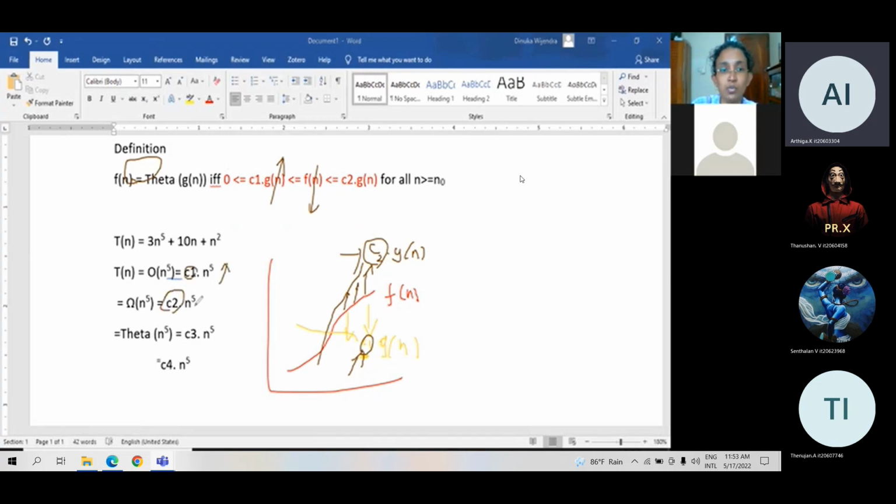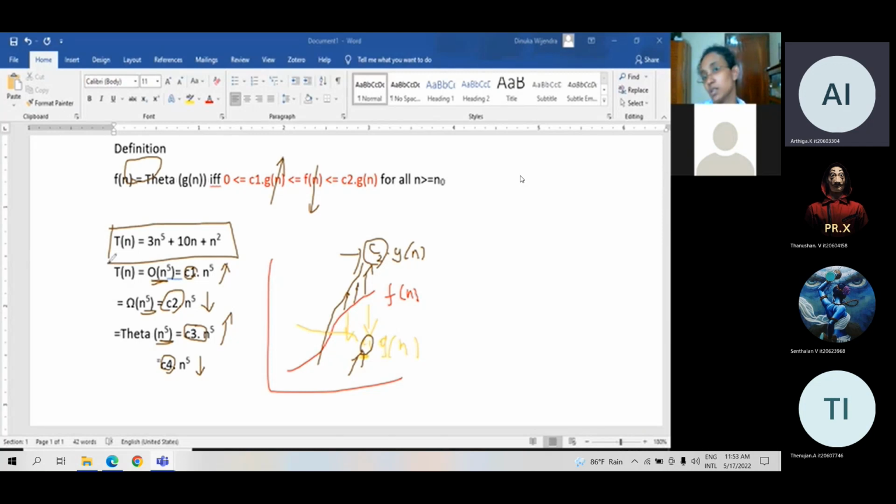This C2 is a very low value. This C3, if one is up, the other one has to be down. So this is the place where the difference is coming with each notation. Rather than that, the middle value is always the same. So remember that if you have been given this kind of an equation, asymptotic notations are always equal. The difference is coming with the constant multiplications. Okay. So please do remember that.